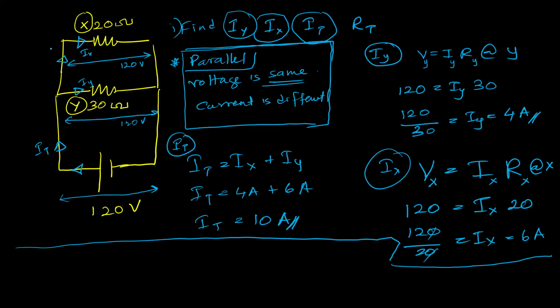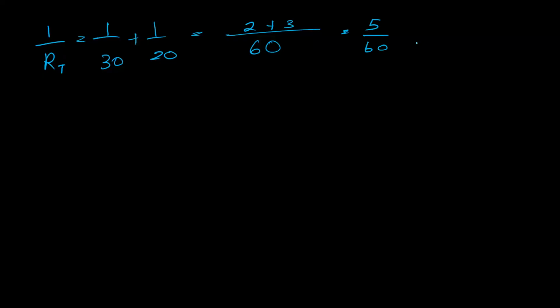So you all know the parallel resistors. Here the question has 30 ohm and 20 ohm. The basic method is 1 over R total is equal to 1 over 30 plus 1 over 20. The ones who don't know this, go and watch the recording. Last week I explained how to add all the parallel resistors, and I gave all the short forms related to that also. LCM is 60. Then this becomes 2 plus 3, which is 5 over 60.